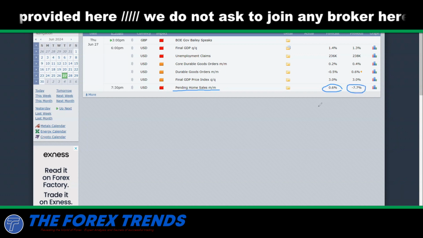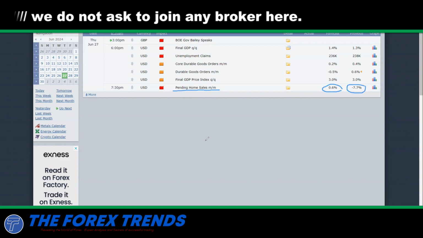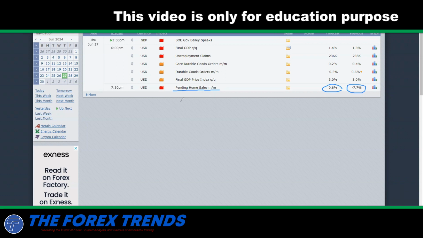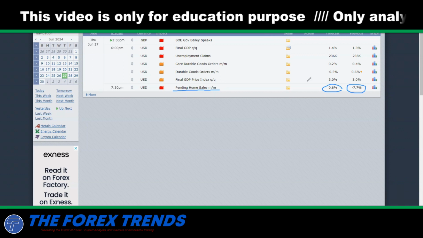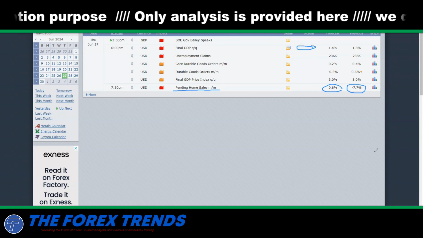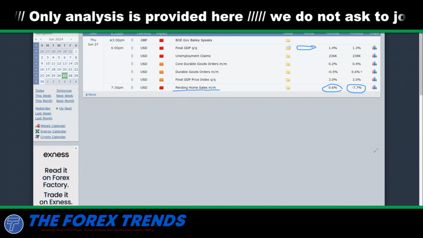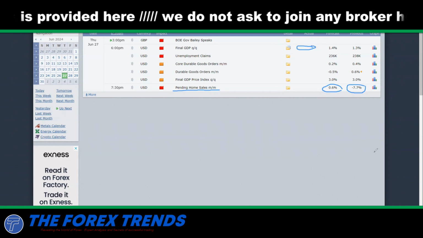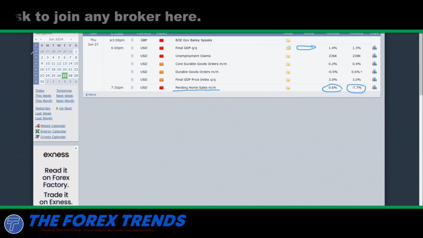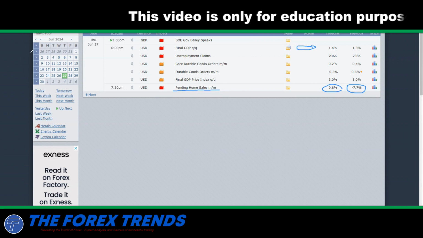So there is a chance it may provide good volatility again at 7:30 p.m. But we try to maintain our sentiment as per the data of GDP because it is a big one. So that's all in fundamental, my friends. Let's jump into the chart and we'll try to find the potential trade setups for today.